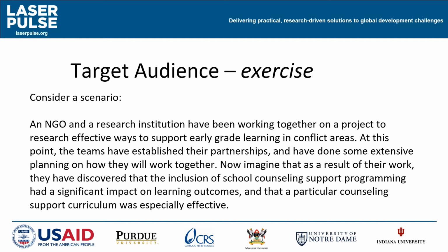At this point, the teams have established their partnership and have done some extensive planning on how they will work together. Now imagine that as a result of their work, they have discovered that the inclusion of school counseling support programming had a significant impact on learning outcomes, and that a particular counseling support curriculum was especially effective.